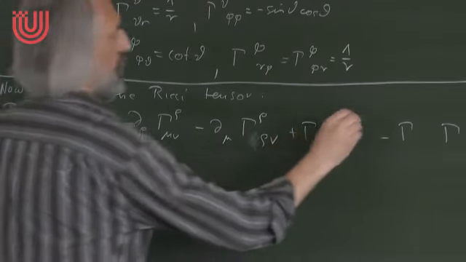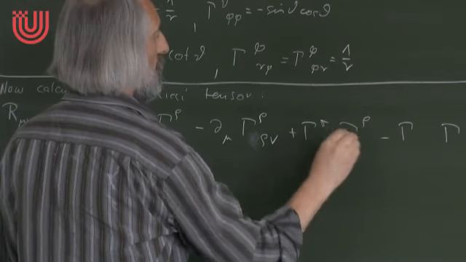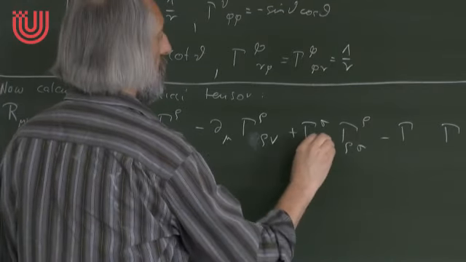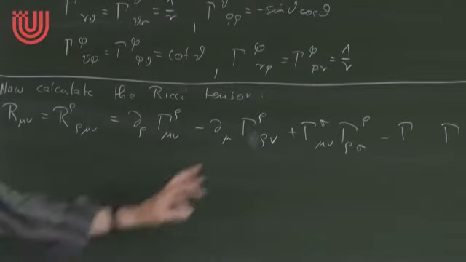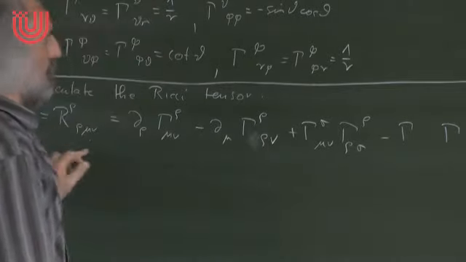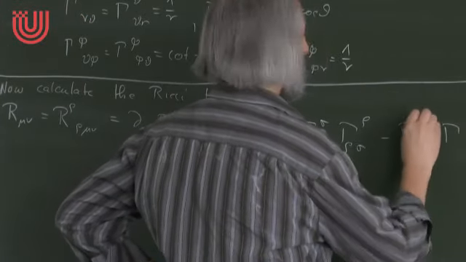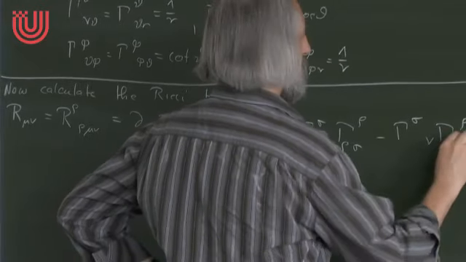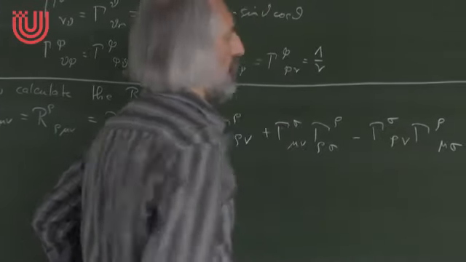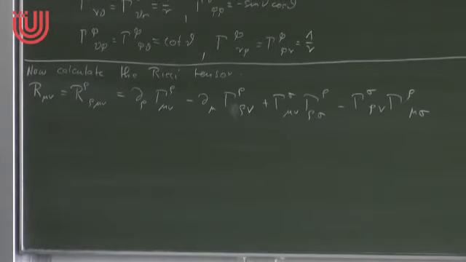And here I do it in the same way. I write the rho here, sigma here, mu nu on the first gamma. And then I interchange rho and mu, the lower indices rho and mu. So rho and sigma and nu remain where they were. This becomes a mu, this becomes a rho. That's what we have to calculate.